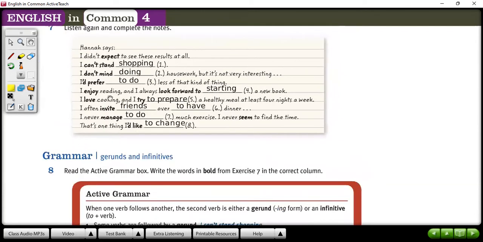Let's see more. I enjoy reading and I always look forward to studying a new book. So as we can see, we have here two good examples of verbs that take the gerund after them. Enjoy and look forward to.